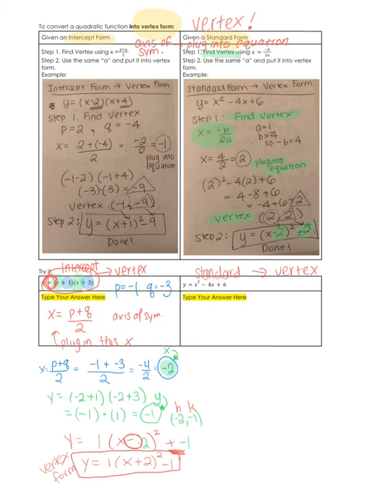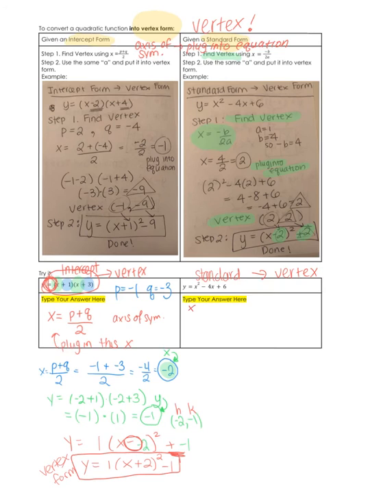Axis of symmetry equation for standard form is x equals negative b over 2a. So that means we have to find a, b, and c. A would be 1, b would be negative 4, c would be 6.